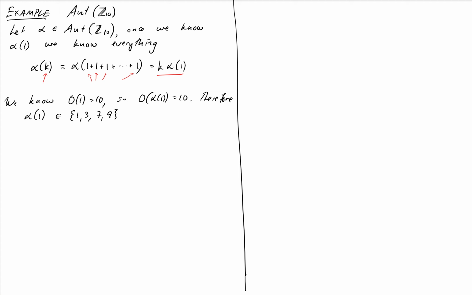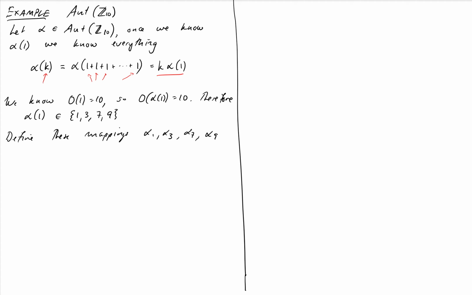Okay, so I guess the question is, are these things automorphisms or not? We've got 4 different possibilities for alpha of 1. That corresponds to 4 potential different automorphisms. So we'll define these mappings by alpha 1, alpha 3, alpha 7, and alpha 9.